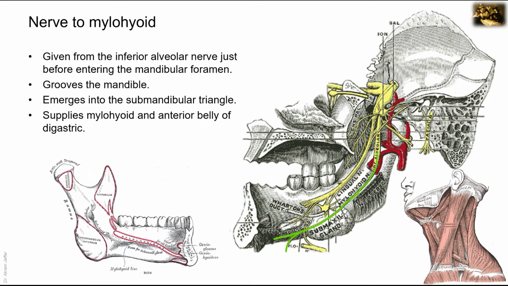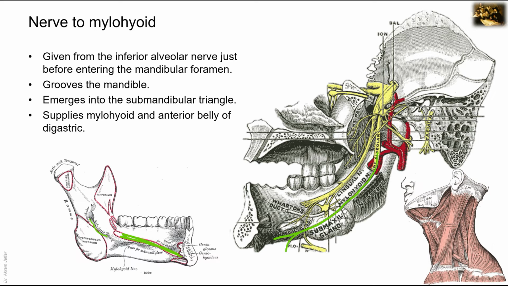You can see here that it makes a groove on the bone, and this nerve passes below the muscle, below the mylohyoid muscle. Look at the mylohyoid line here.